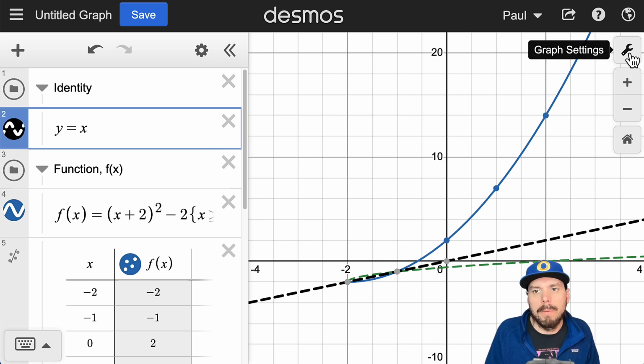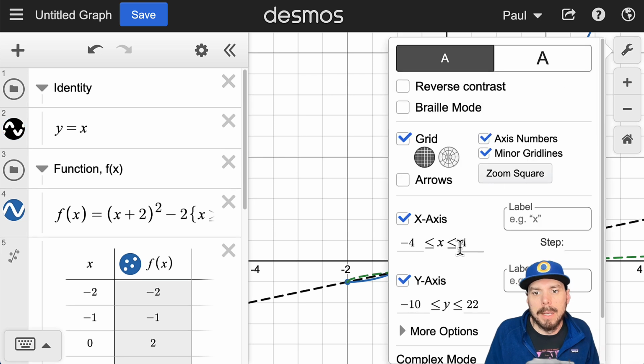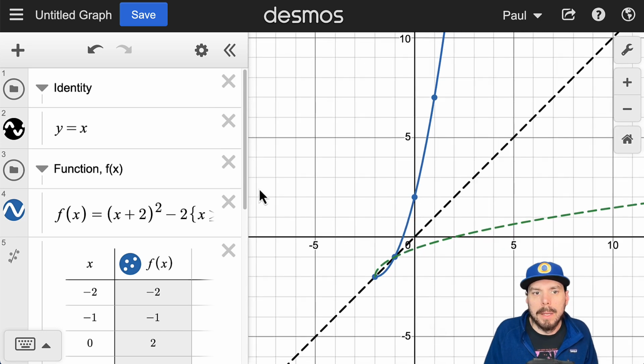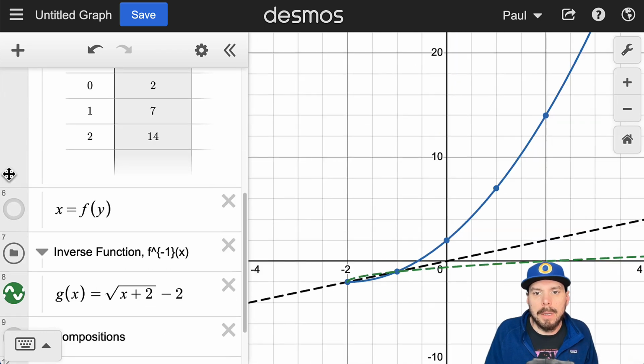So it is giving me here in these graph settings a different x and y axis to frame that potentially better. You can go back to a square zoom using the zoom square button in those graph settings, or just using the default view there. Sometimes I'll do a combination of using the magnifier but then adjusting.